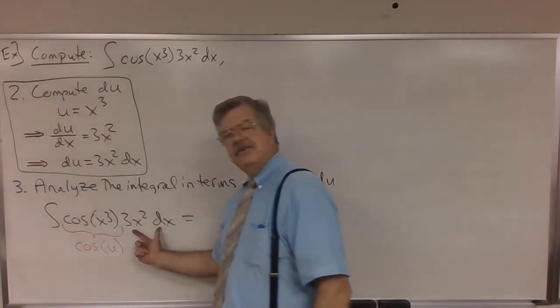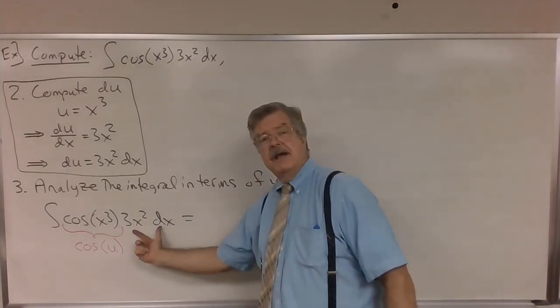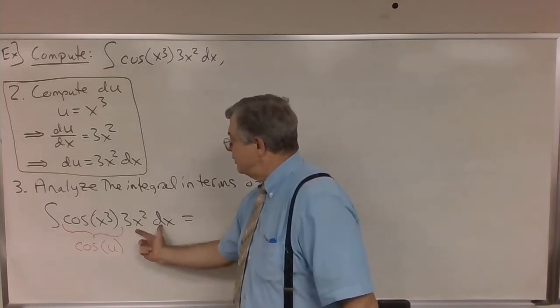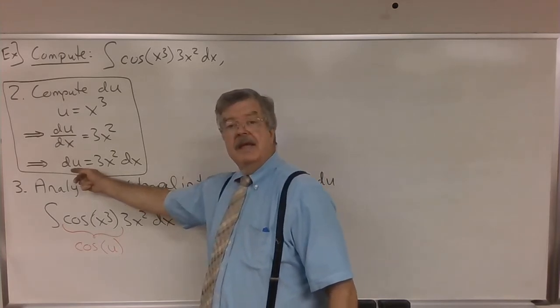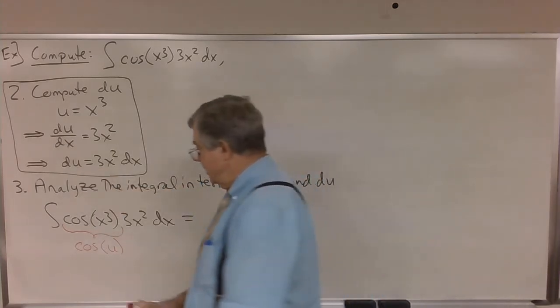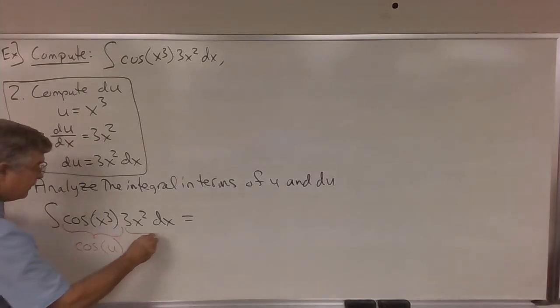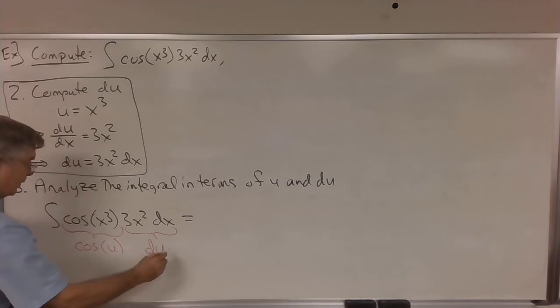Do we see this anywhere else on the board? If we look around, we might notice that we do. 3x squared dx is du. So in terms of u and du, this integral is cosine of u du.